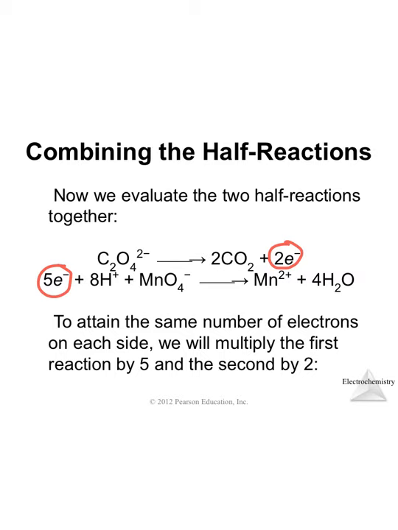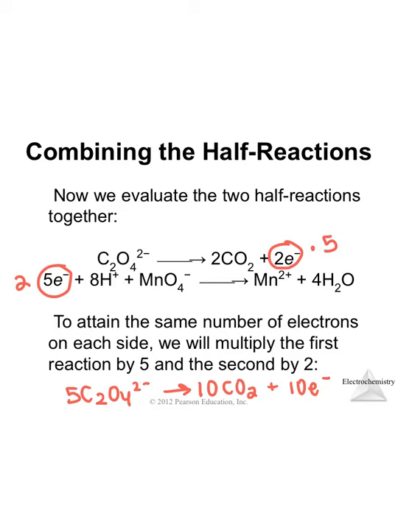I can only multiply by a whole number, and so I need to find a common multiple. I can turn these both into 10. So I'm going to multiply everything on this side by 5 and everything on this side by 2. So I'll rewrite it. So I end up with 5 C2O4 2-, 10 CO2, and 10 electrons.